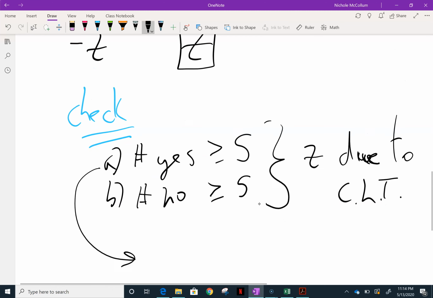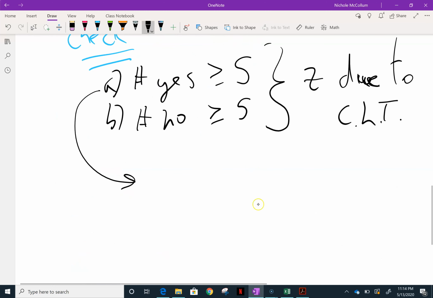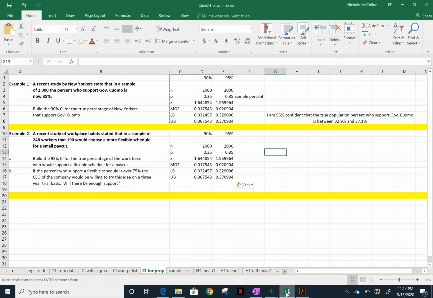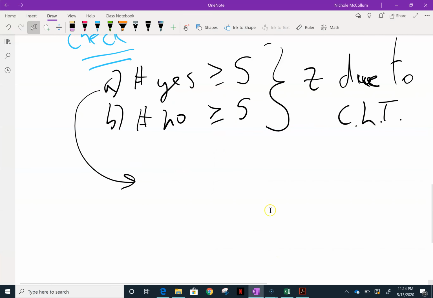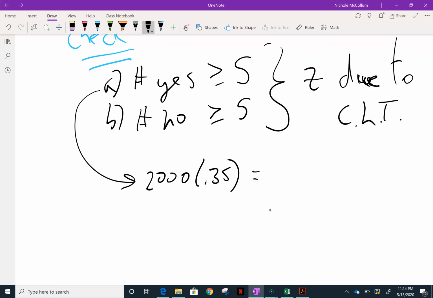5 yeses. Let's go to the question. The question was, once again, 2,000 New Yorkers, and 35% agreed he did a good job. So 35% of 2,000, off the top of my head, I believe that's 700, but let me just check. 2,000 times 35% is 700, and that's well over 5. We have well over 5 people, so awesome.